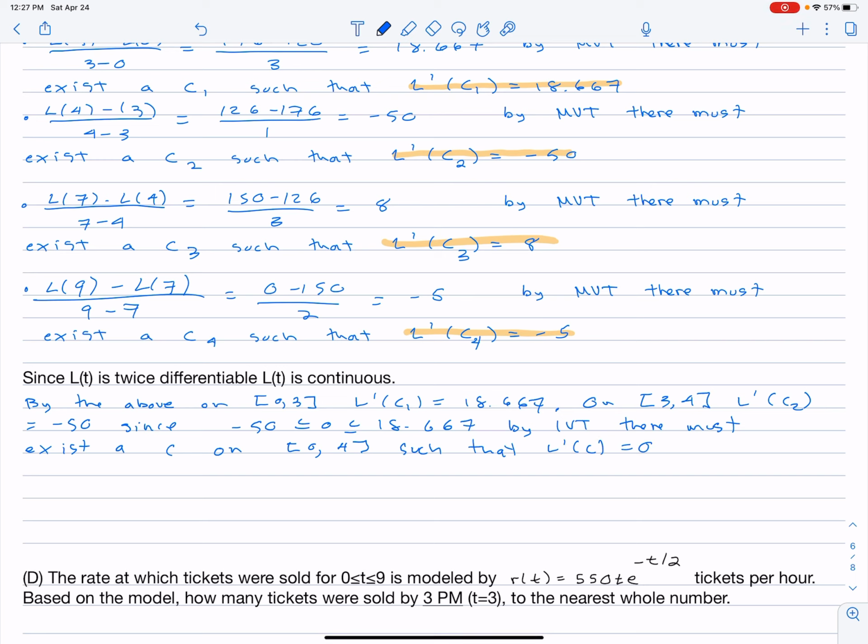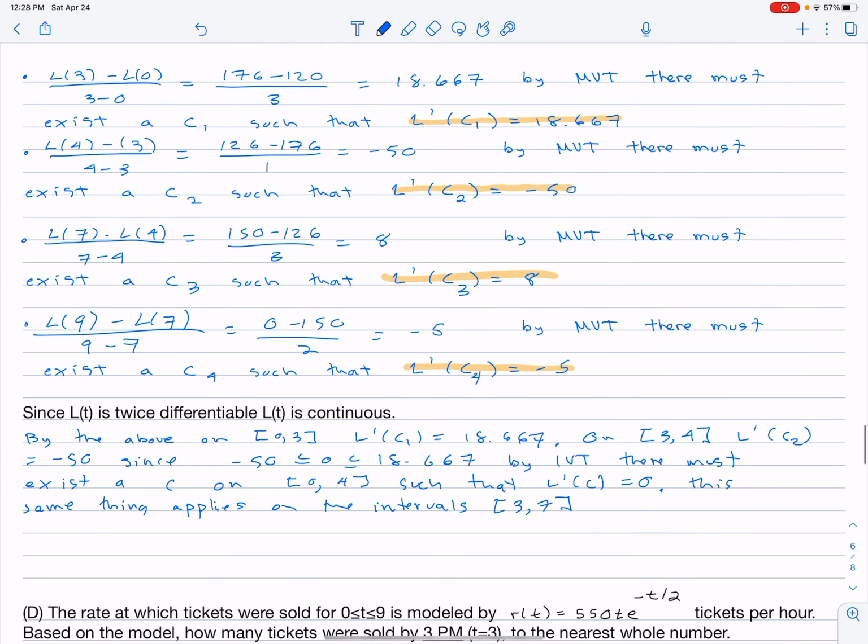And then I'm just going to end, given my general thought process. This same logic applies on the other intervals. So what other intervals does it apply to? It applies on the interval from 3 to 7, right?